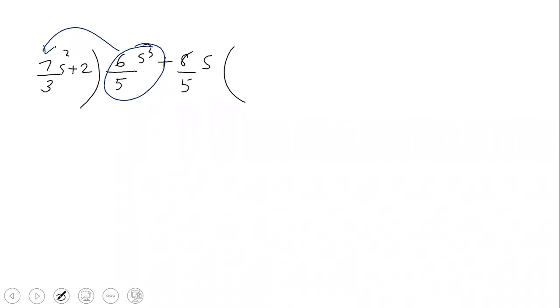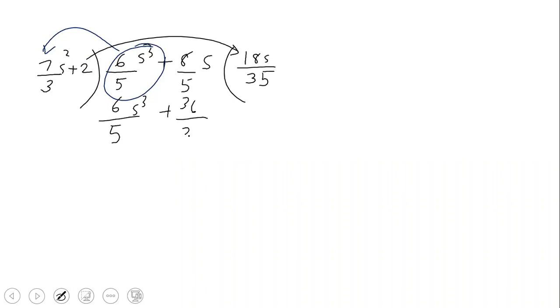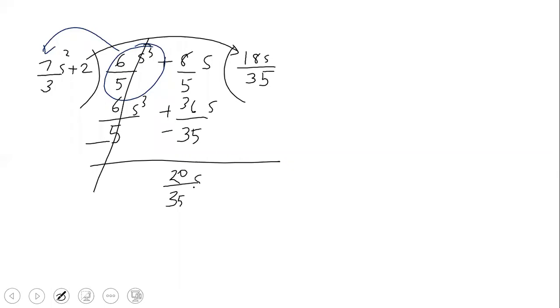If I do that, what I'm getting is 18s/35. 6/5 s cube, and this will be multiplied by this, so this is going to come as plus 36/35 s. Subtract it, this will cancel, you should get 20/35 s, and whatever is your divisor becomes dividend.